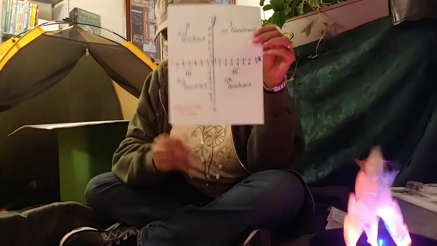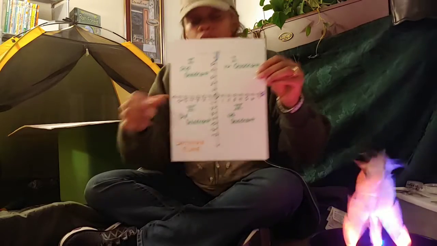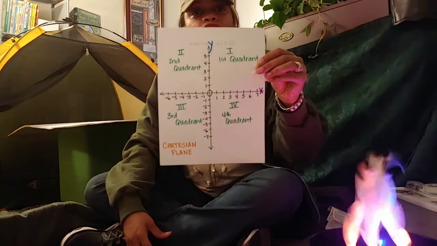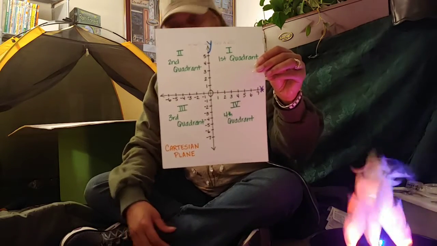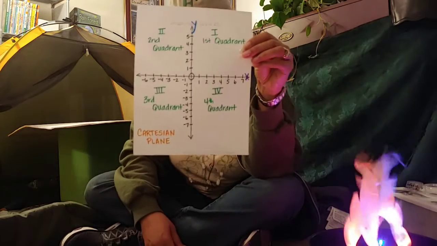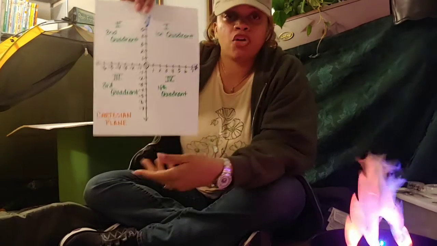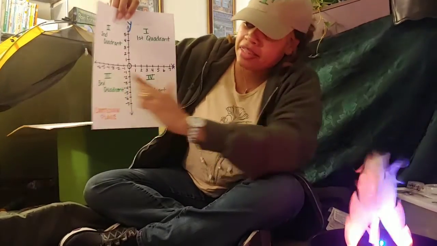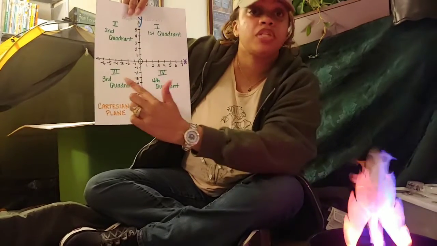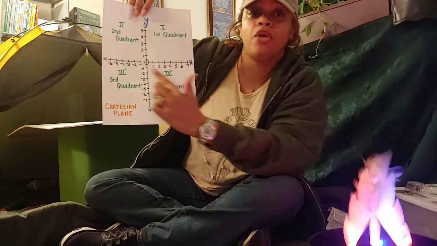This is the Cartesian plane, okay? And hopefully I have this oriented right so you can see everything, okay? Now, our younger students will recognize this as the number line. We use this all the time in our elementary levels.